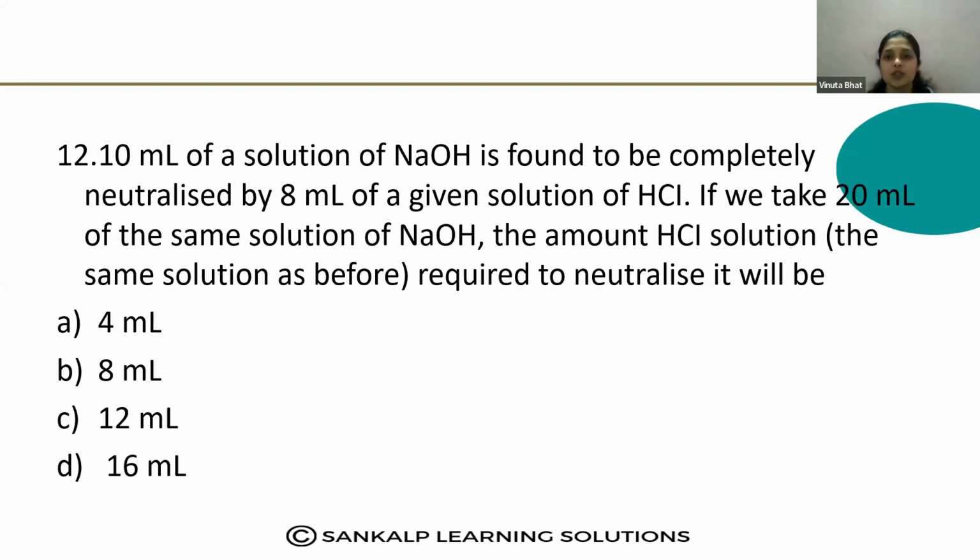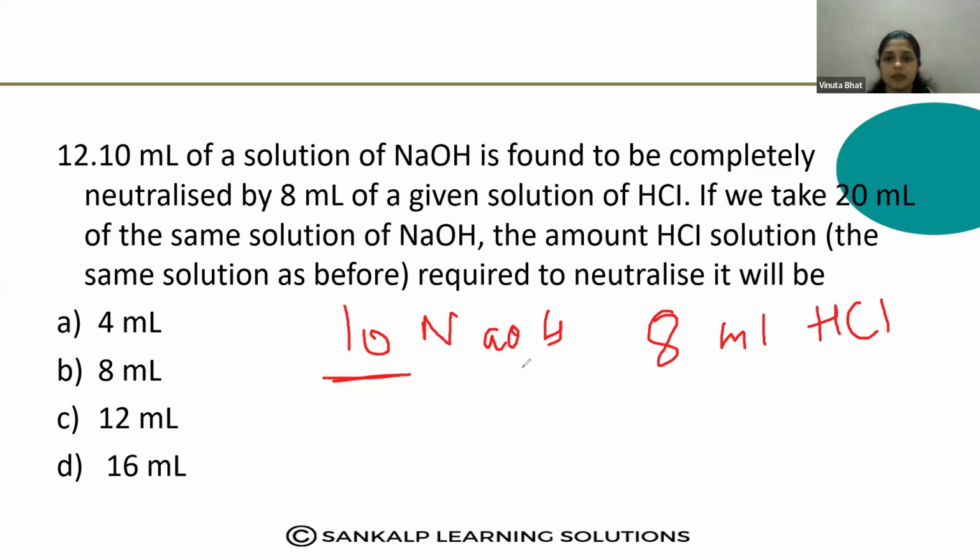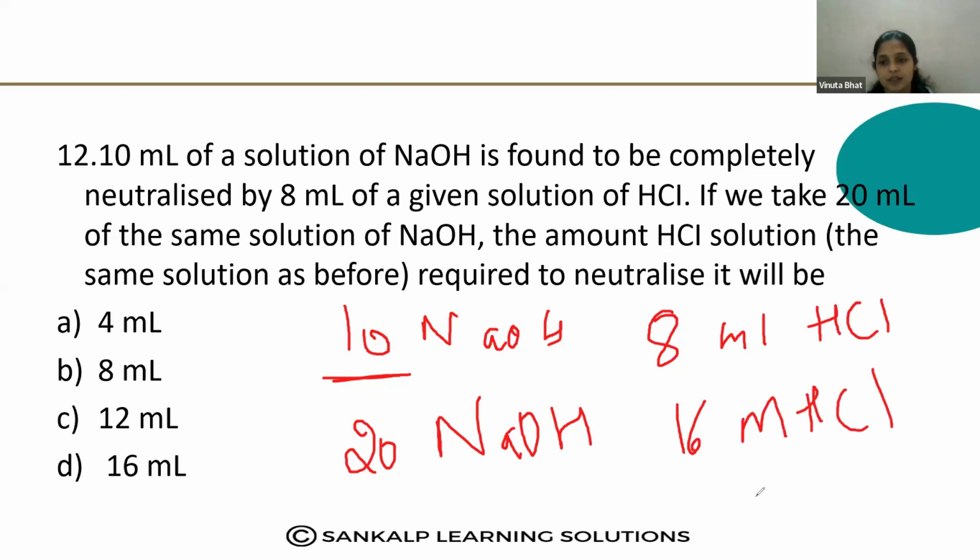Here just read the question properly. 10 ml of the solution of NaOH is completely neutralized by 8 ml of HCl. Here, if we take 20 ml of the same NaOH, how much HCl is required to neutralize this solution? That is 16 ml of HCl. Same HCl is required. So here option D is the correct answer.